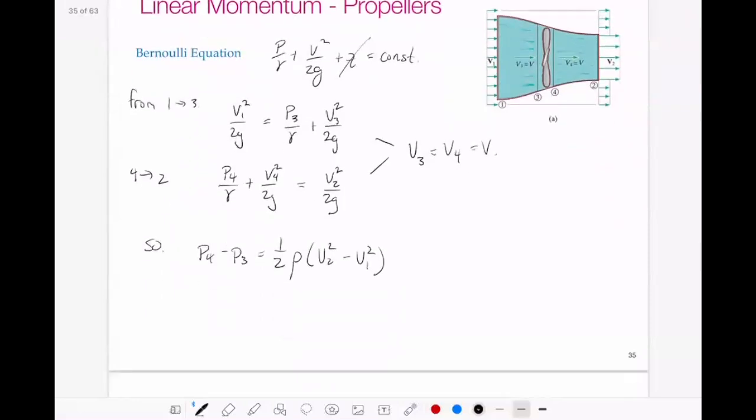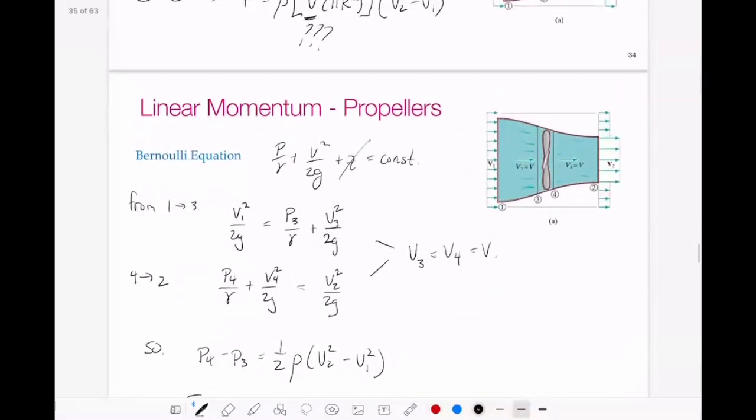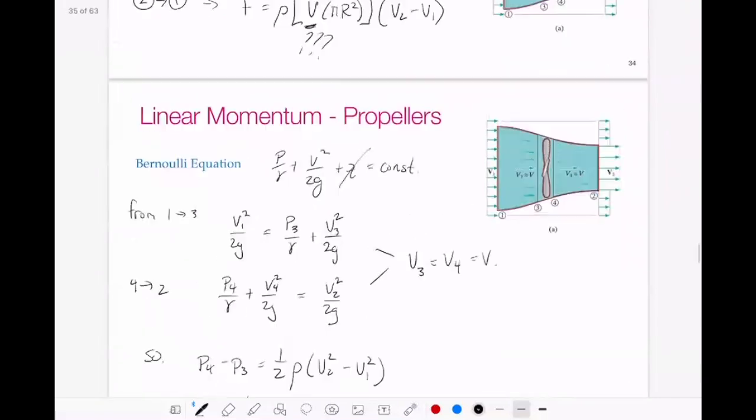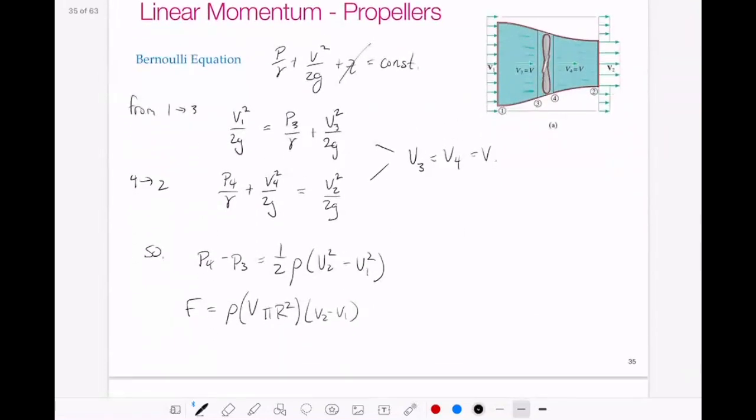So we had F is equal to rho V pi r squared (V2 minus V1). This is equation 2 and 1. We can relate the difference in pressures here to the difference in our forces.